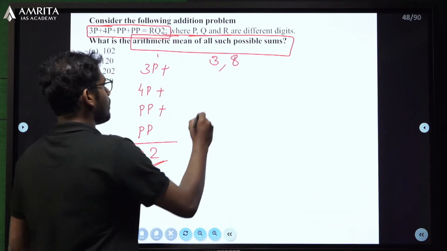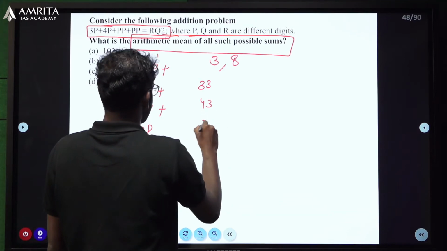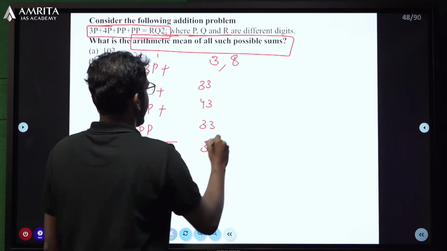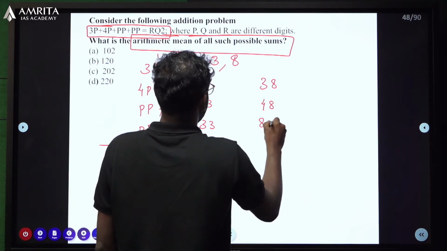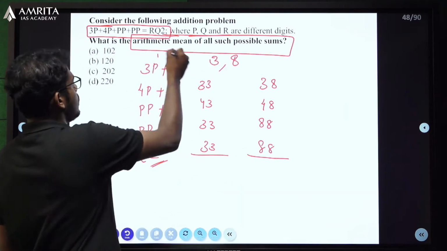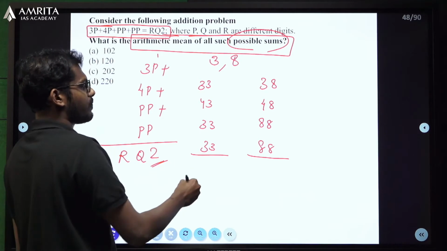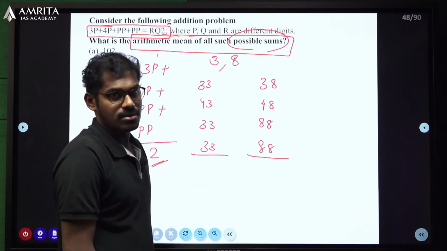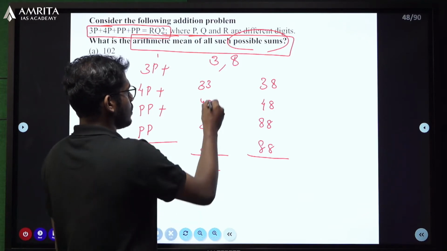Clear? Hence the numbers can be 33, 43, 33, 33 and 38, 48, 88, 88. Okay. So the arithmetic mean of all such possible sums. So let's find the sum of the two sequences, right? 3 plus 3, 6, here it is always 12.